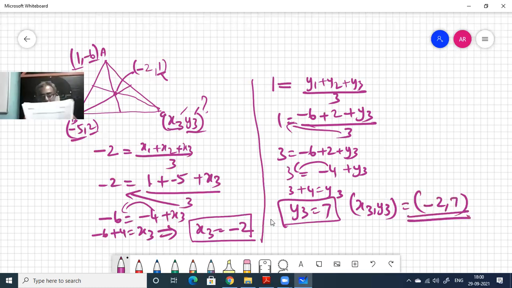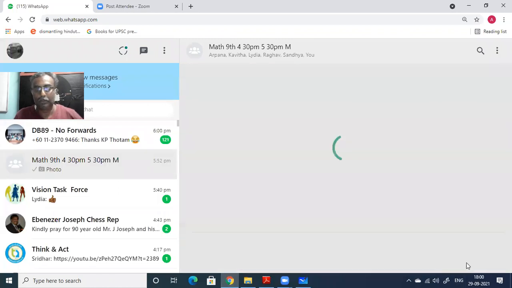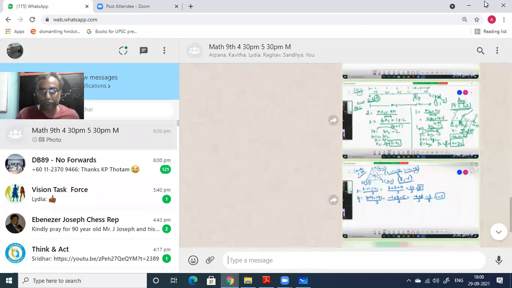Let us solve at least one problem in exercise 5.5. One or two problems you'll do as classwork, and let us see if you can take the third problem for homework. Let's do just 1 and 2.